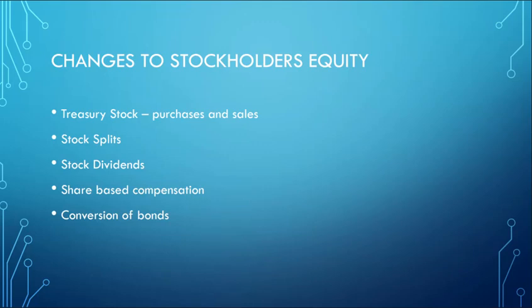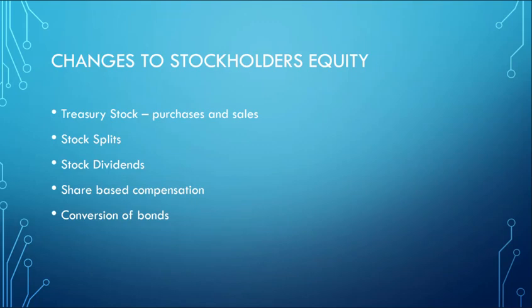If you sell treasury stock, you're going to debit cash, and you're going to credit treasury stock for the amount that it cost you when you bought those same shares. So if you originally bought them for $10, when you sell them, you're going to credit treasury stock for however many you sold times the $10.